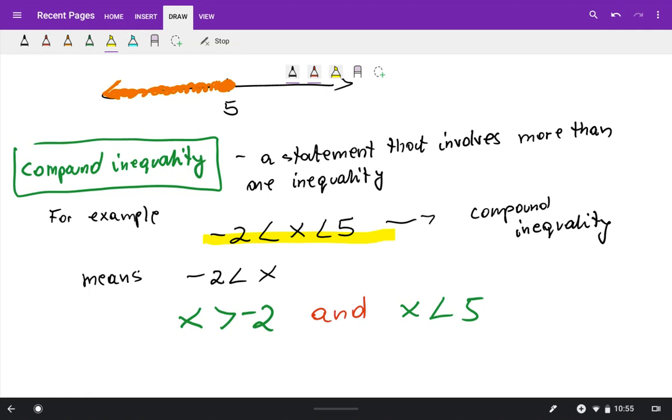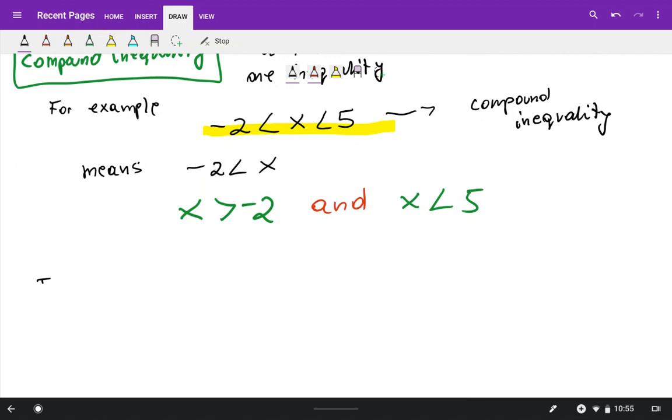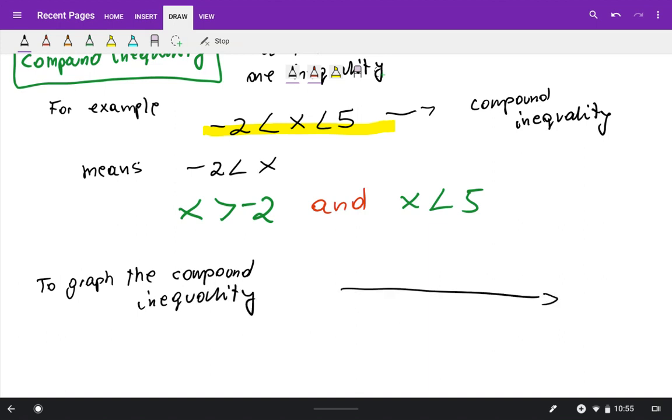So let me show you how you're going to graph it. So to graph the compound inequality, you're going to use one number line, okay, that represents the real numbers.